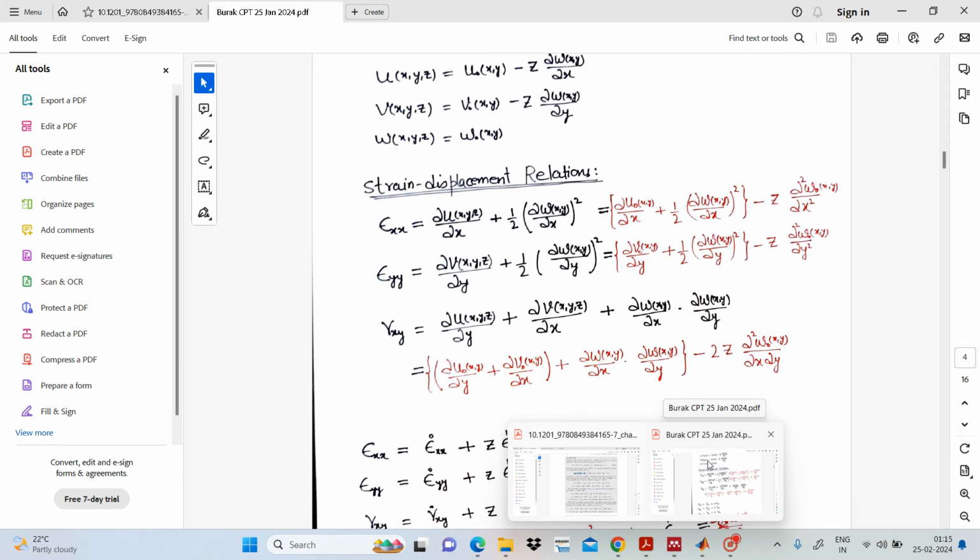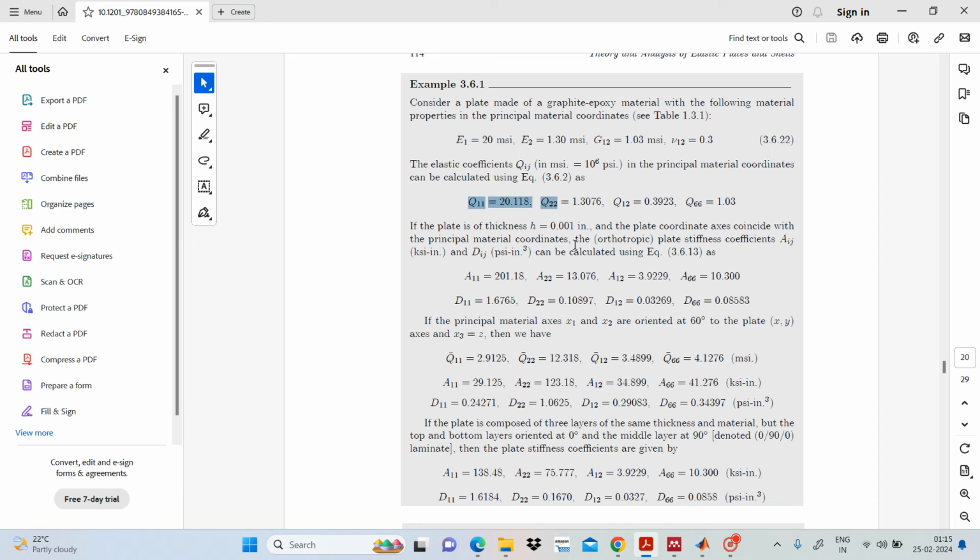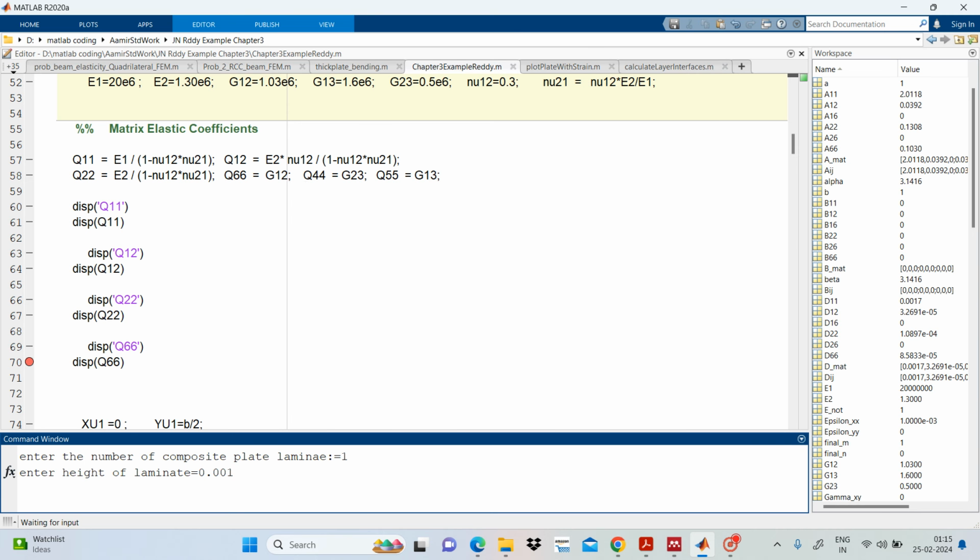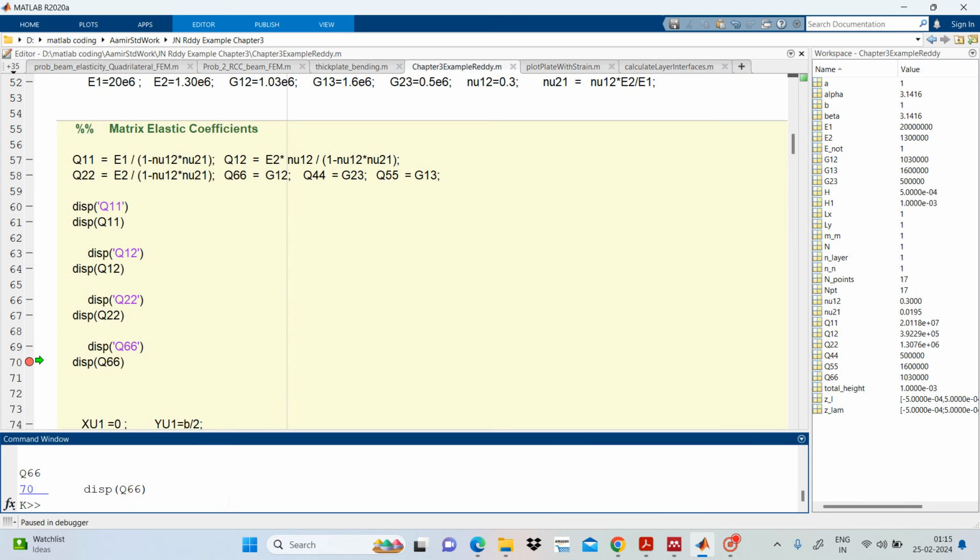Here, for Qij, it has mentioned H, the thickness of the laminate, as 0.001. So we will give 0.001 only. Then we will enter the thickness of the first layer. So it would be 0.001 only. Yes. So now we will see.